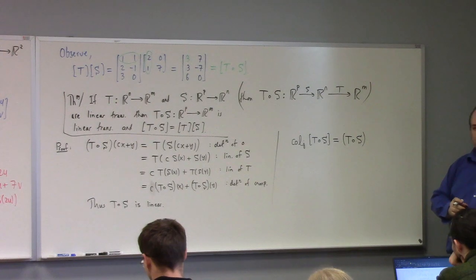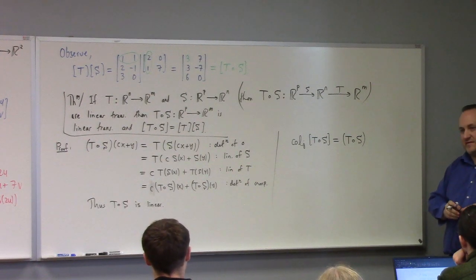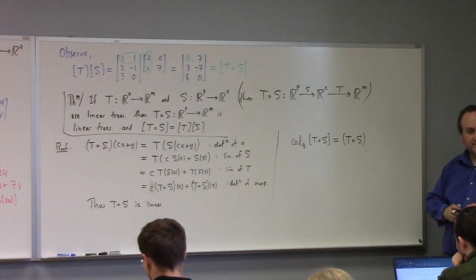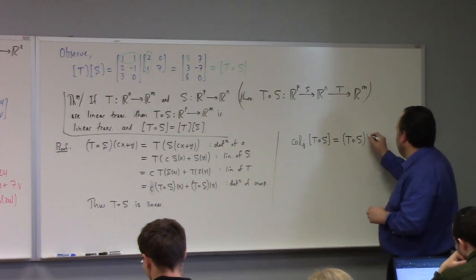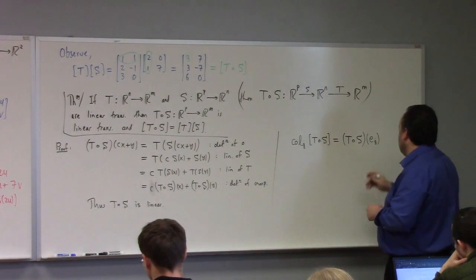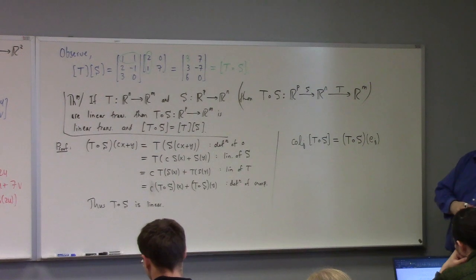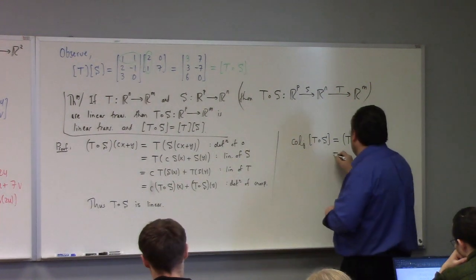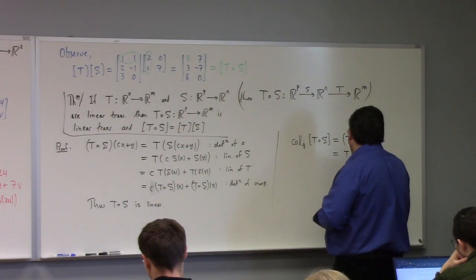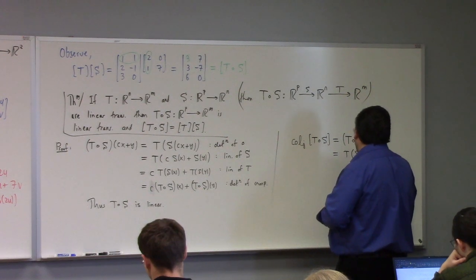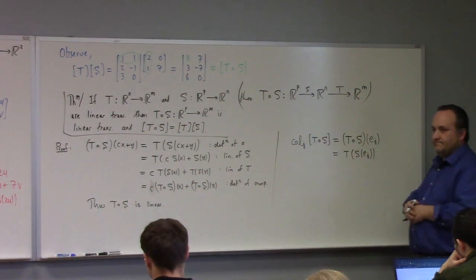This is something you need to know, all right? I will test on this. How do we calculate the jth column of the standard matrix? Yep, just e_j, right. And then what? This is T of S of e_j, right?